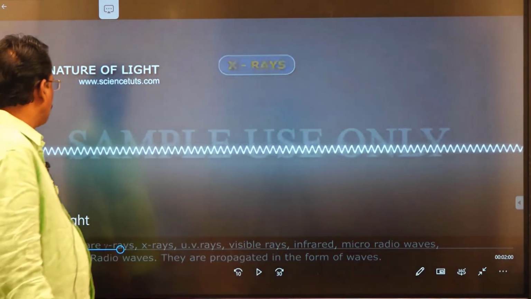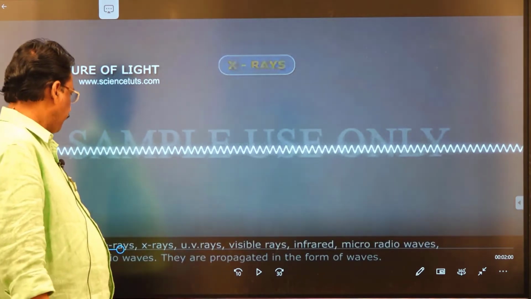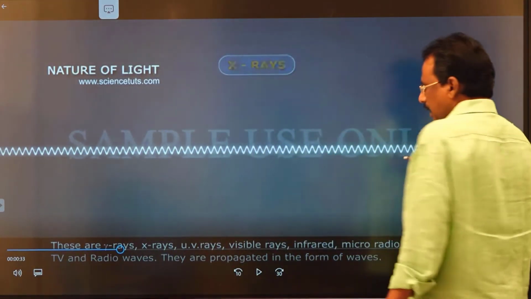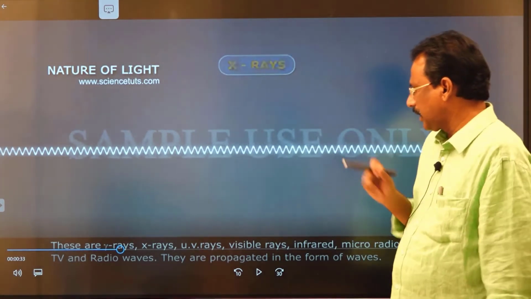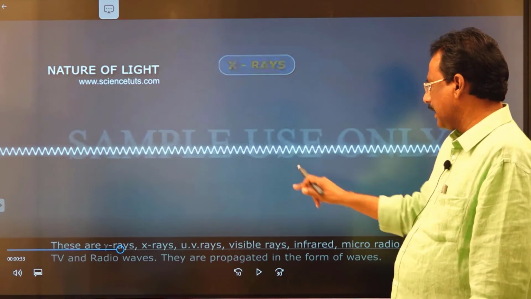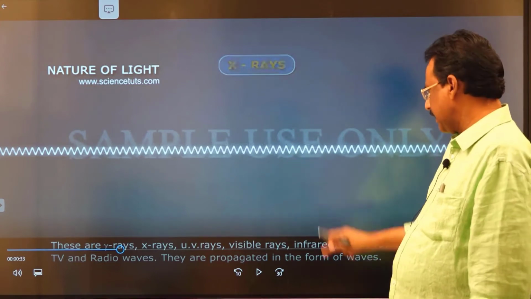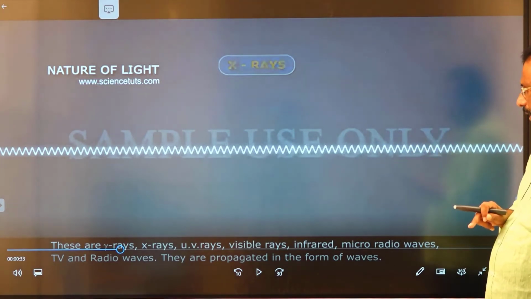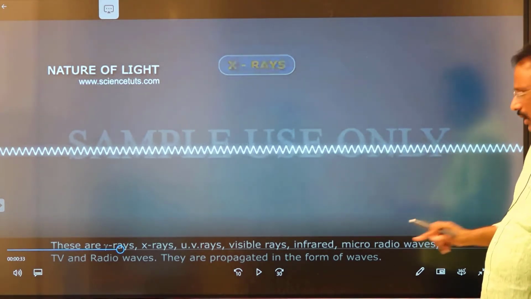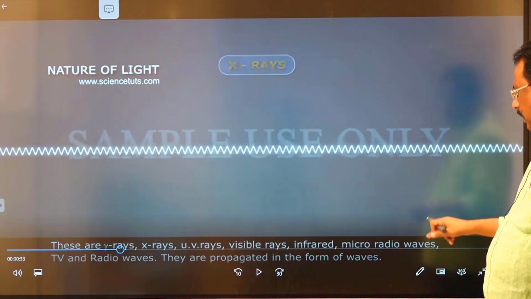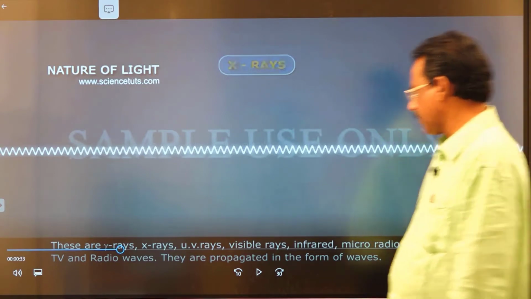According to this theory, there are so many types of electromagnetic radiations. Among them, the very important types are gamma rays, X-rays, ultraviolet rays, visible radiation, infrared radiation, microwaves, and radio waves.